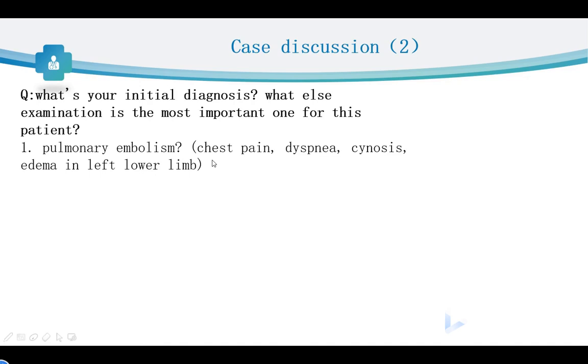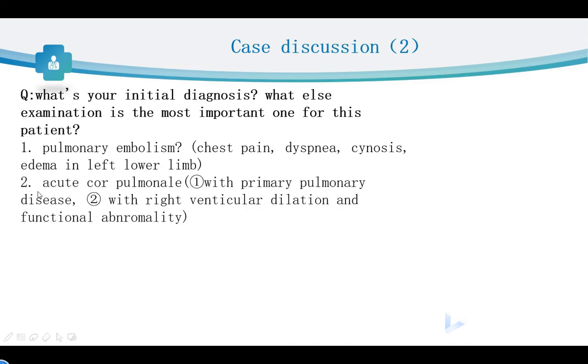Because this patient has chest pain and dyspnea. We also find cyanosis and edema in the lower limbs. All of these details show the suspicion of pulmonary embolism.